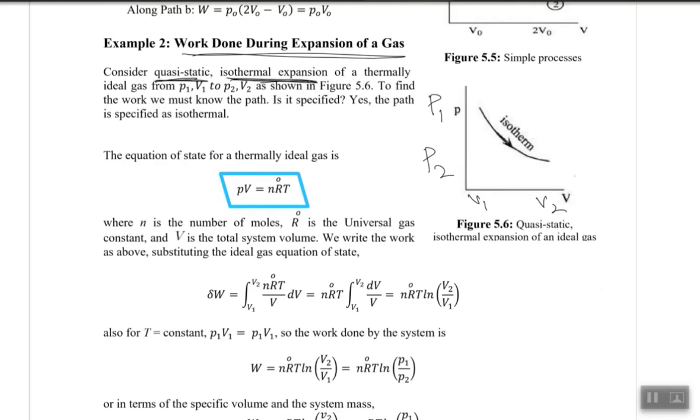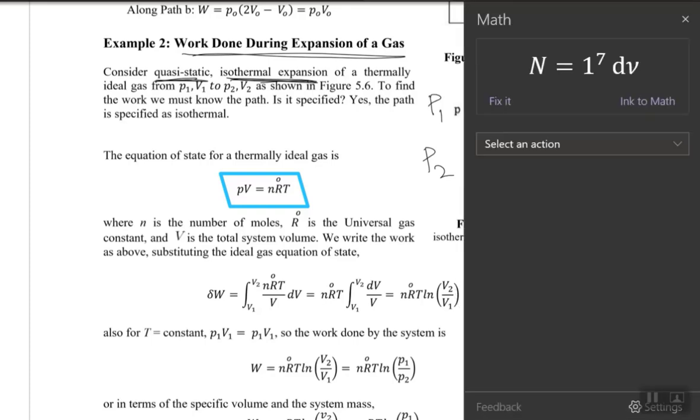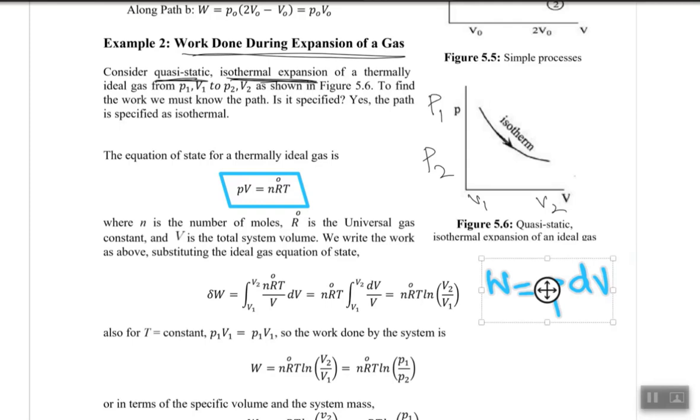Moving towards our own equation, W is equal to P dV. From the ideal gas equation, P is equal to nRT divided by V. If I say nRT or RT, you can imagine anything.